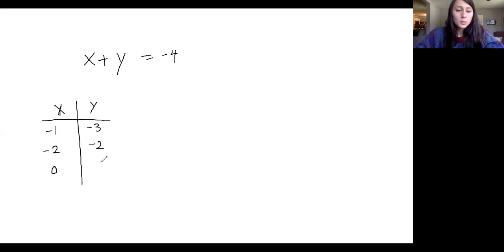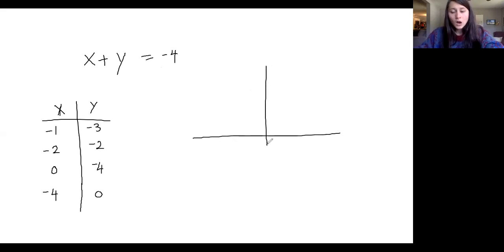Or 0 plus negative 4 equals negative 4. Or I could even say negative 4 and 0, right? So these are a bunch of numbers that I could add up and it equals negative 4. So if I go across, add these two, add these two, add these two, and add these two, it equals negative 4.